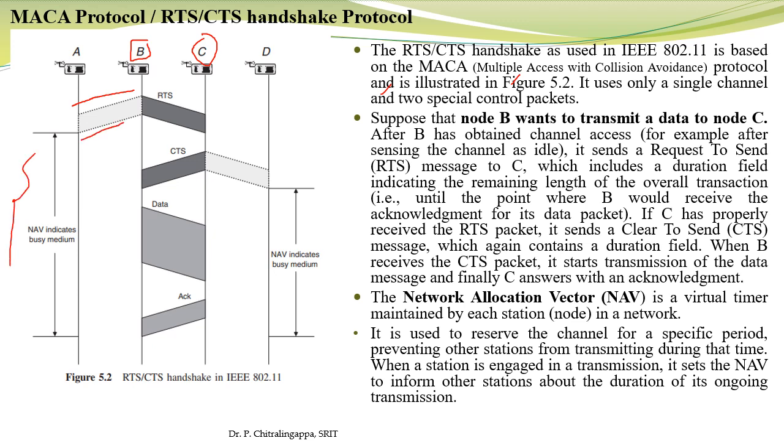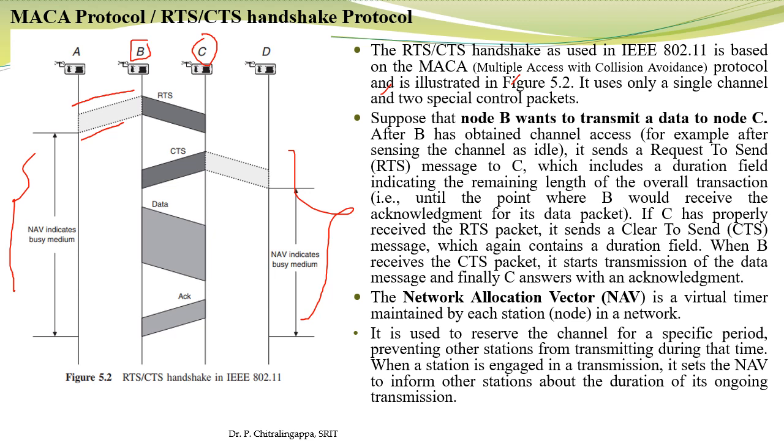This process is called NAV, network allocation vector, a virtual timer maintained by each and every station. Until further instructions, the remaining communication with node B is stopped. Whenever node C sends confirmation as the CTS, clear to send, this area is again blocked until further clearance. This is the NAV, which is a virtual timer.